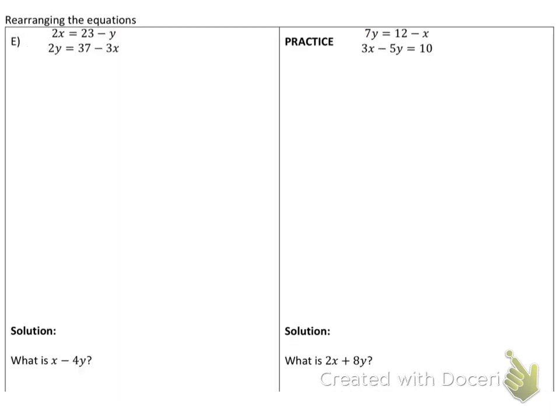Alrighty, so what if we have equations that look like this? We have 2x equals 23 minus y, and 2y equals 37 minus 3x. Let's say we wanted to keep using elimination. Well, I would just need to get them into standard form, ax plus by equals c.